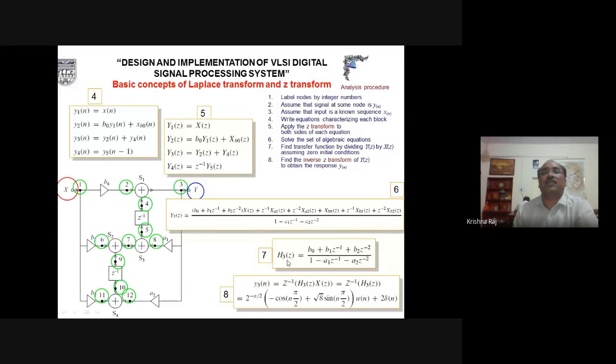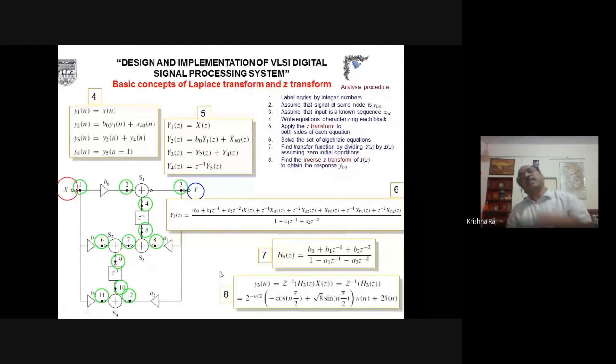S3(z) is nothing but Y3(z) upon X3(z), so Y3(z) becomes S3(z) multiplied by X(z), and then the inverse z transform of this gives y3(n). These are the mathematical concepts which we use to solve our network, our system, or our algorithm, when the system is dynamic in nature.